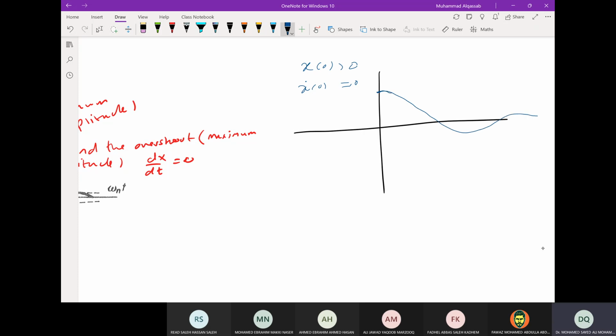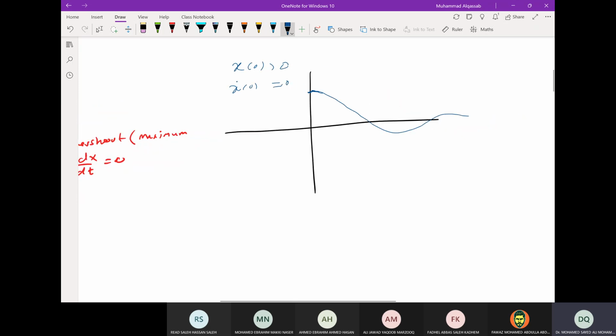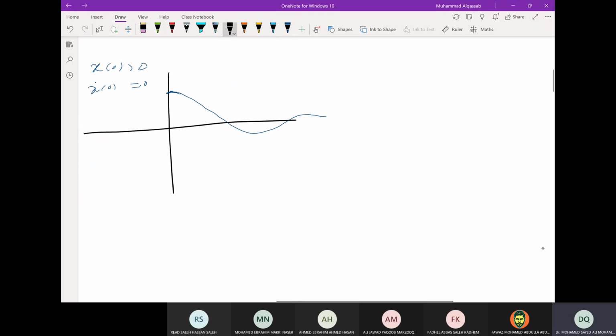This will go downward without overshooting. It will overshoot on the other side, the negative side, but there is no overshoot in the positive direction.